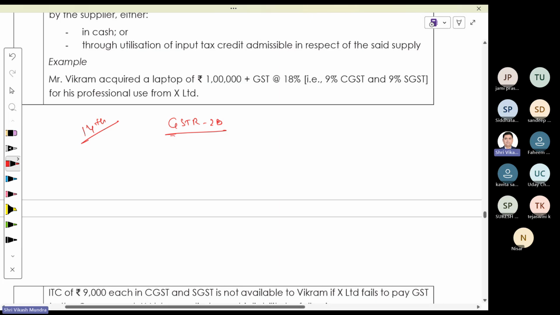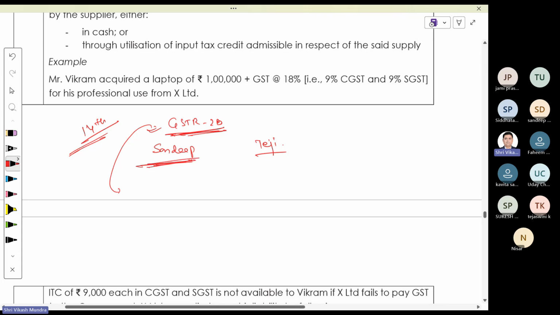This report would be available at the Sandeep and Tejaswani end. If Sandeep or Tejaswani use the GST portal through their credentials, after the 14th they will find a report called GSTR 2B. Whatever transactions are reported by their respective suppliers would be shown under this report.